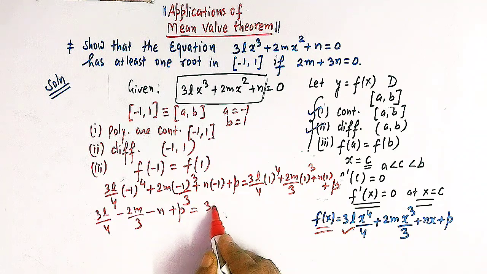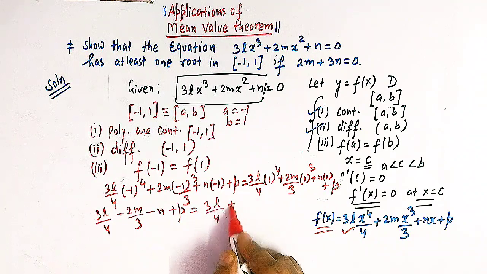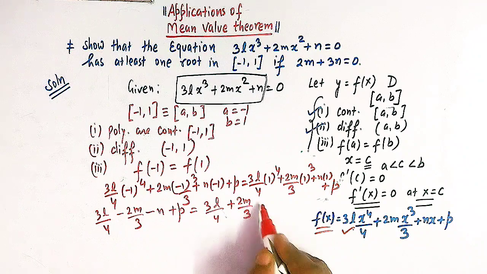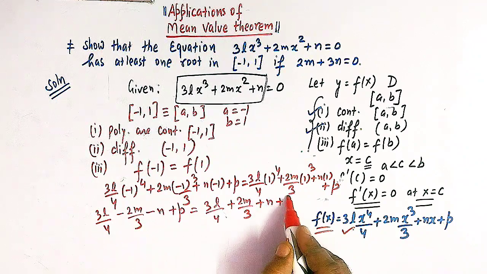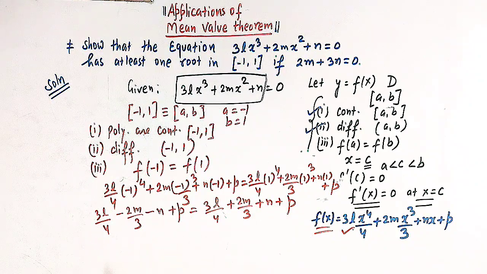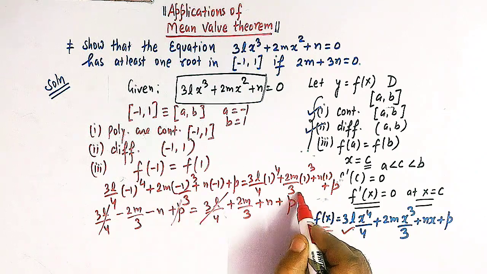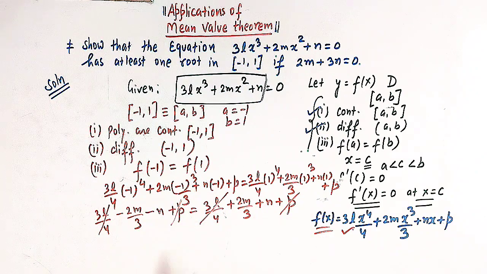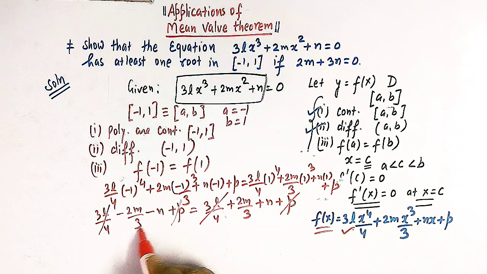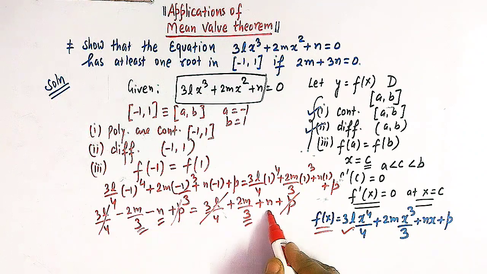Here we have 3l over 4, here we have 2m over 3, here we have n plus p, right? So let us cancel the common terms here. So these two terms get cancelled, and here p and p also get cancelled, and we are left with only these two terms and these two terms.